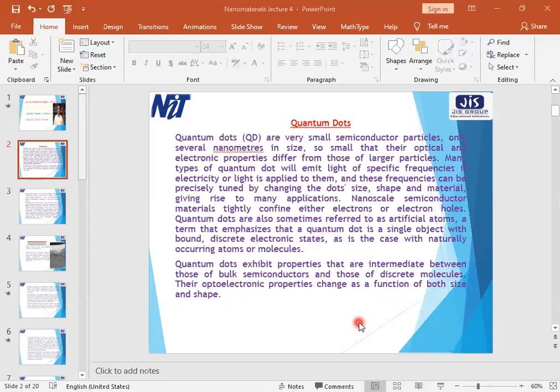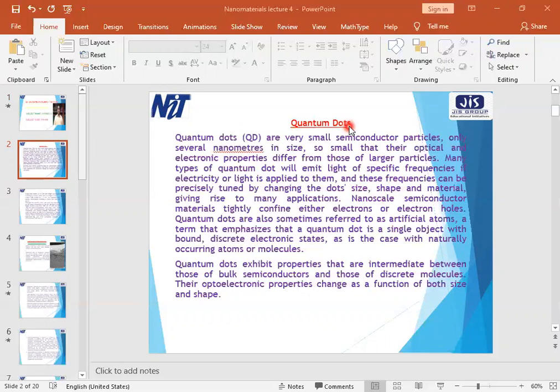One very important thing about the quantum dot is that its properties are dependent on both shape and size. Whereas we have seen that the properties of other nanomaterials are dependent on the size only, here size and shape both determine the properties of the quantum dots.